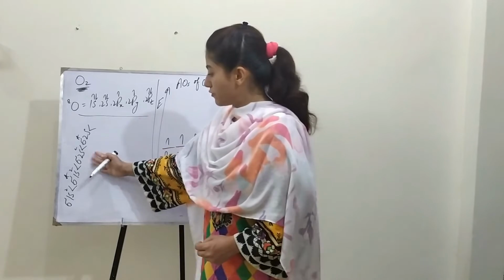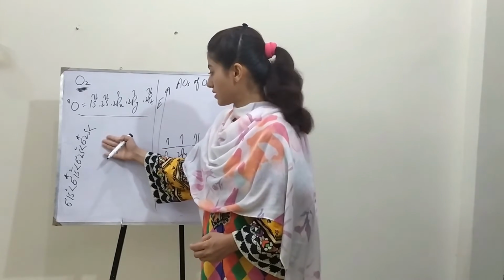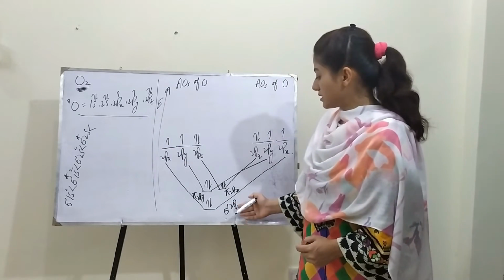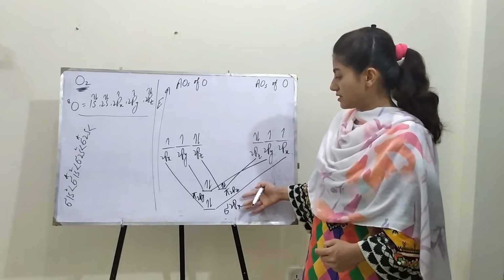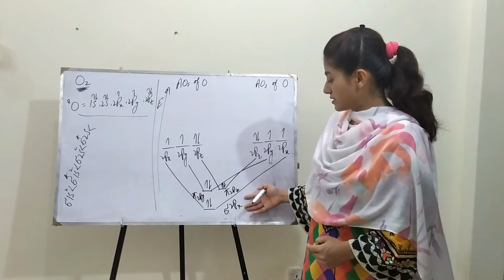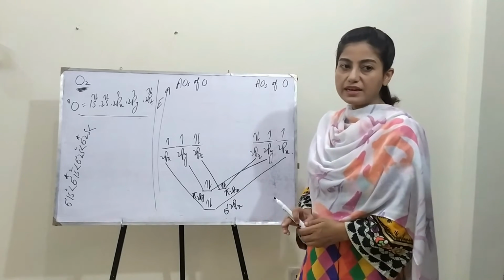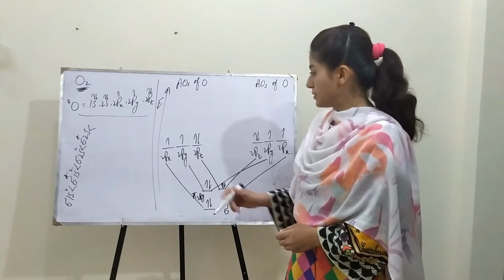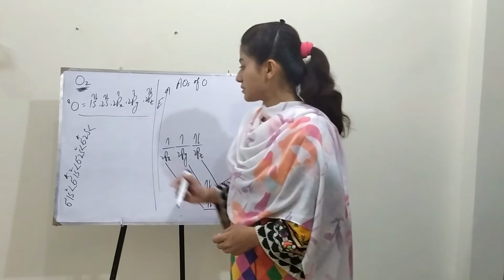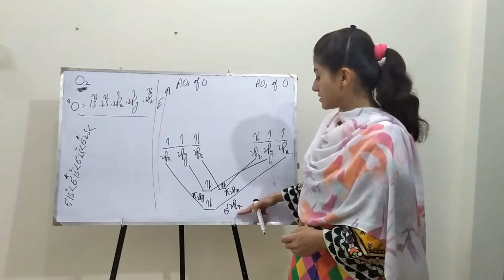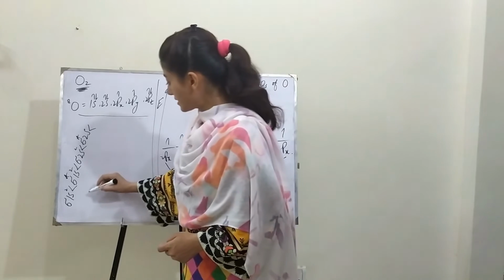So now when we write down the alignment or the arrangement of these bonding and antibonding molecular orbitals, we place them like this. After this sigma star 2s, we place this one, the sigma 2px.